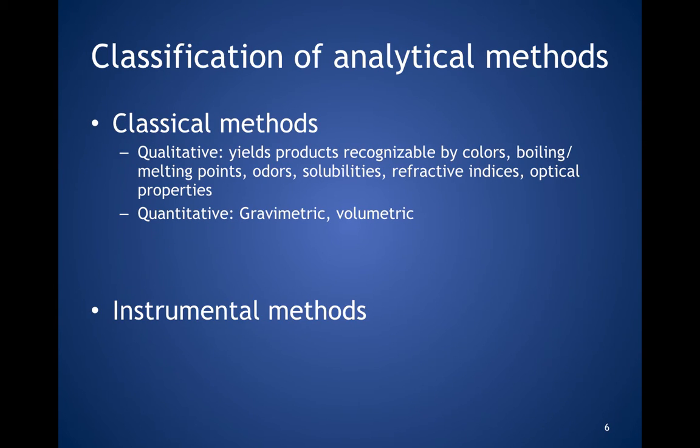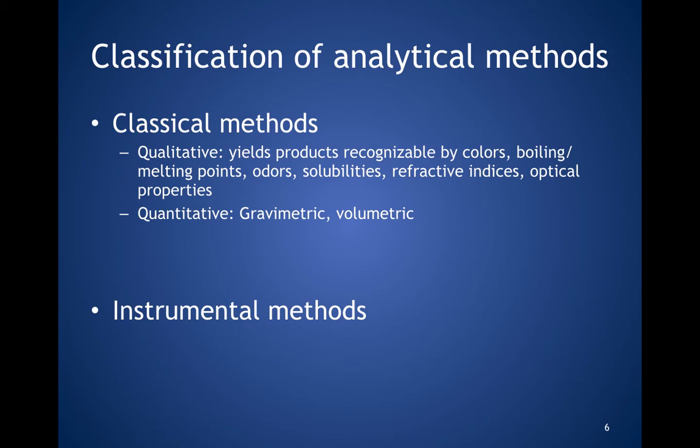So also, analytical methods can be classified as either classical or instrumental. When I say classical, this is more like old-fashioned or basic, or more of a less sophisticated kind of method. This is more like qualitative or quantitative. Qualitative, you can determine by simply looking at the colors or the physical properties like the boiling point and melting point, or optical properties. When I say quantitative aspect, it's more like a quantity, like I've mentioned before.